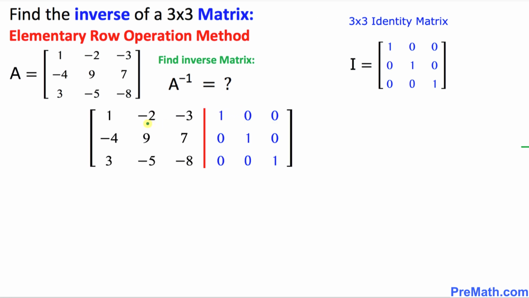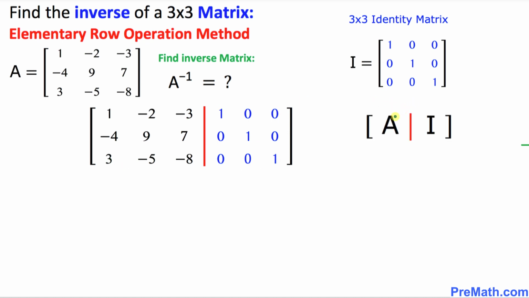In order to perform this elementary row operation, we need an augmented matrix in which the left-hand side matrix is our A matrix and the right-hand side is our identity matrix. So here is our A matrix on the left-hand side and the identity matrix on the right-hand side.